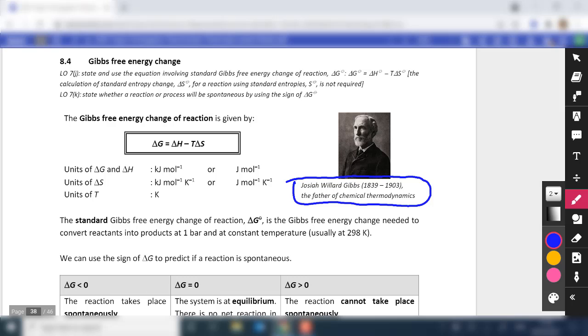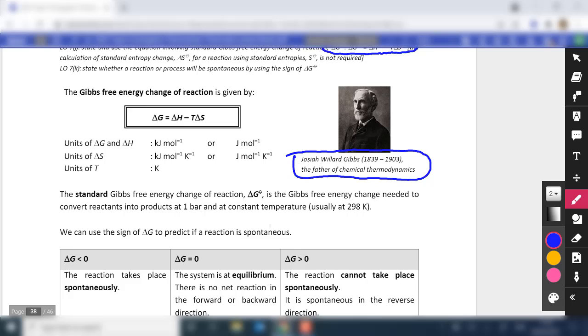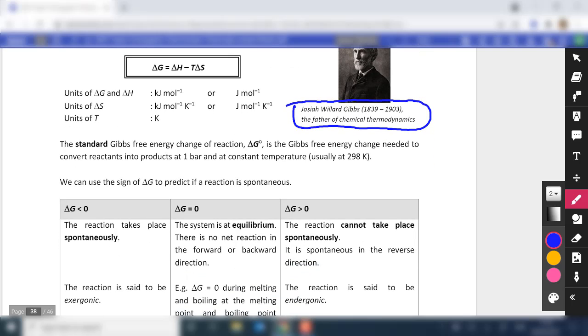As of now, maybe just remember this expression: delta G is equal to delta H minus T delta S. Take note that similar to your enthalpy changes, the standard Gibbs free energy change comes with a superscript, something like a naught with a bar over. So this is a standard Gibbs free energy change. It's measured at 1 bar, 298 Kelvin.